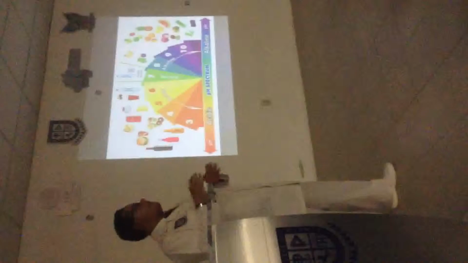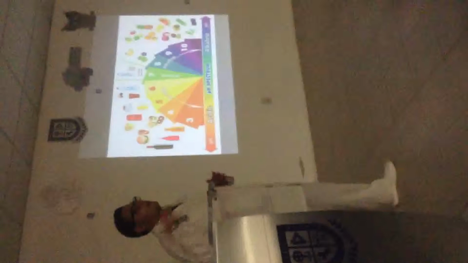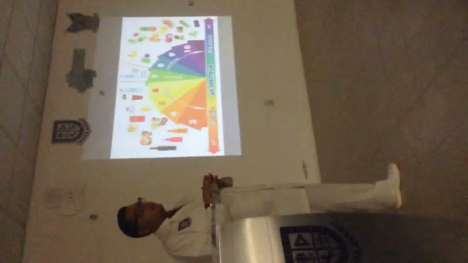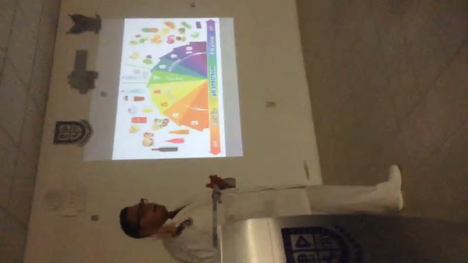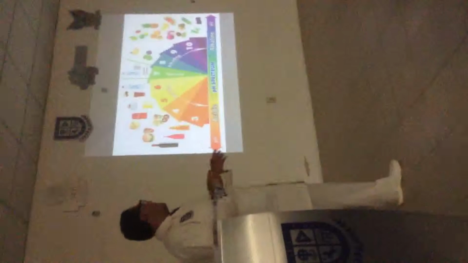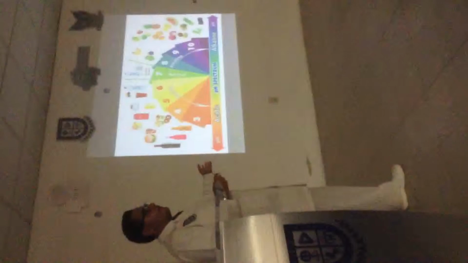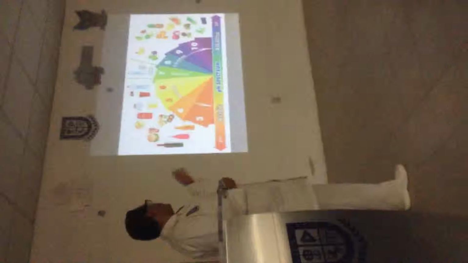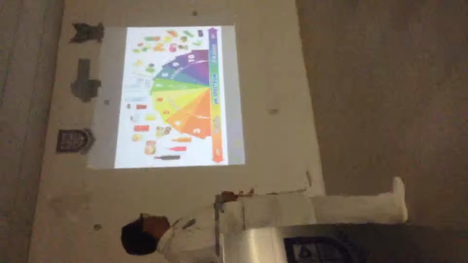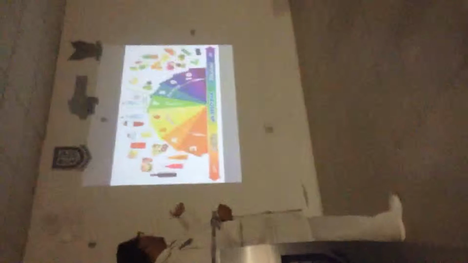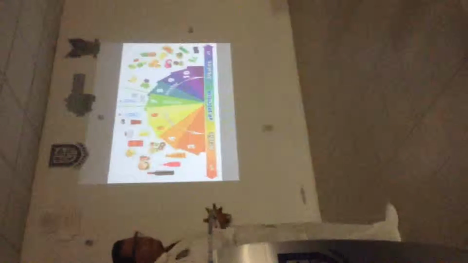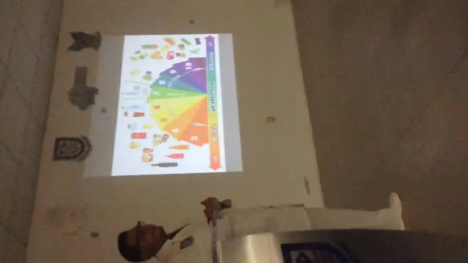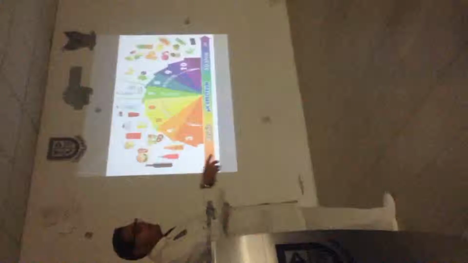The pure state is always alkaline, and when you make a physical or chemical process in the food, this food is acidic. In this example, soda, coffee, donuts, etc. Is that okay? Any questions? Next, please.